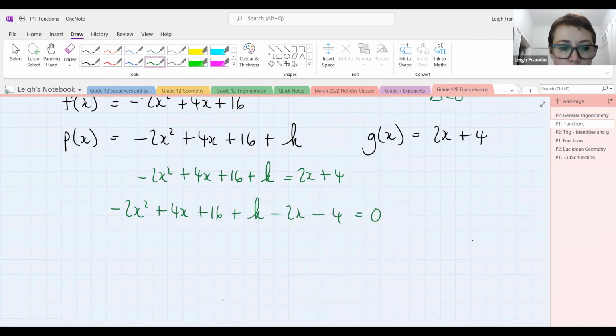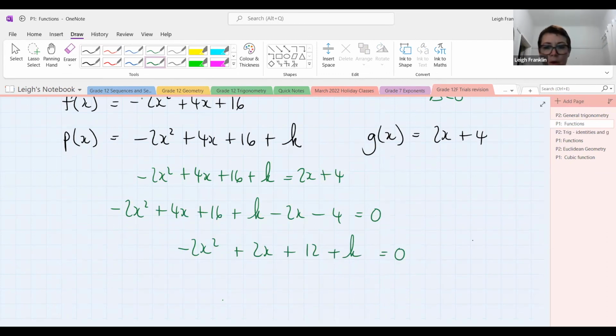Collect like terms: negative 2x squared plus 2x plus 12 plus k equals 0. So in this form, a is the coefficient of the x squared term, b is the coefficient of the x term, and c is everything else.